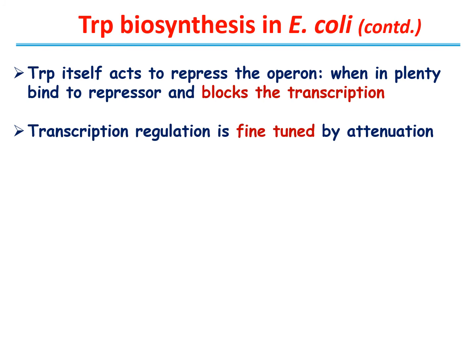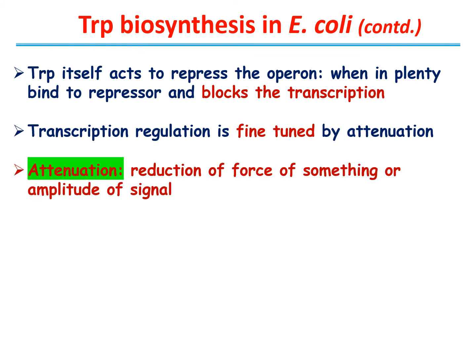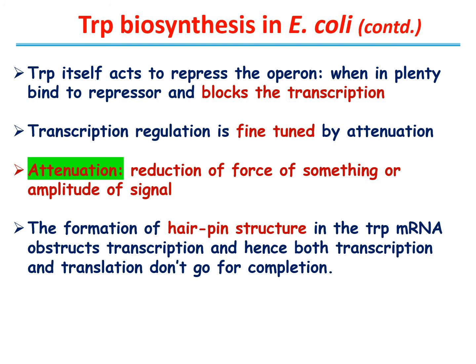The regulation is further fine-tuned by a mechanism called attenuation. What is attenuation? Attenuation is simply reduction of force of something or amplitude of a signal. So how does attenuation work? In attenuation, there is the formation of a hairpin structure in the tryptophan mRNA. This hairpin structure obstructs the movement of the ribosome and stalls the transcription.